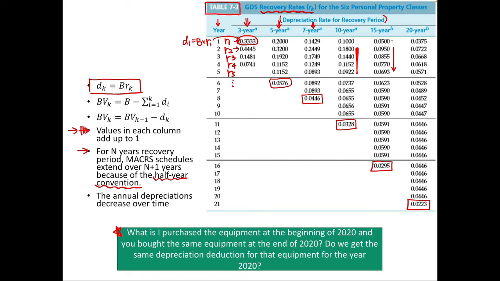So when we talk about the tax, the depreciation deduction for that year, for the business who purchased the equipment at the beginning of that year, that makes sense because they have already used it for 1 year, and the asset is naturally worn for 1 year, so it would be depreciated for that whole year, right?